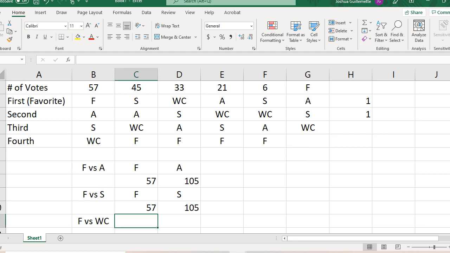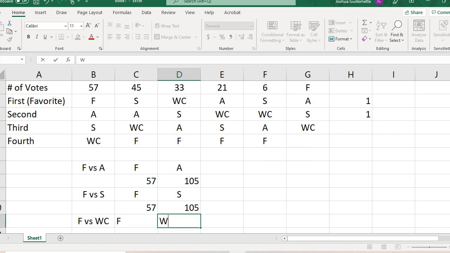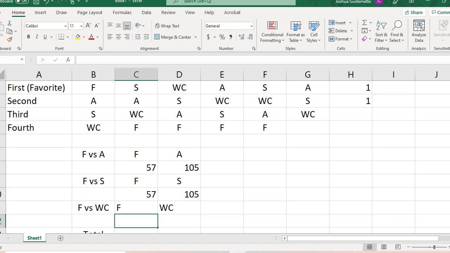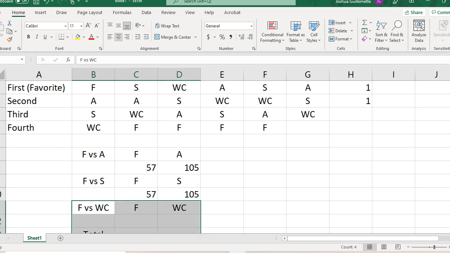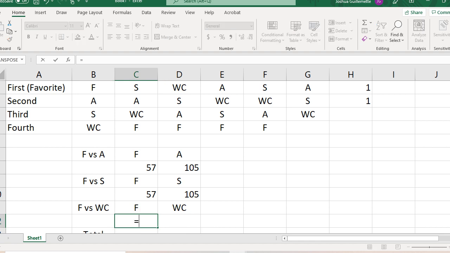Alright, and then, of course, Flash versus White Canary. We're going to do the exact same thing. Alright, let's center all of this fun stuff up. There we go. Alright. So Flash, we know, is going to win that first one, the first head-to-head.